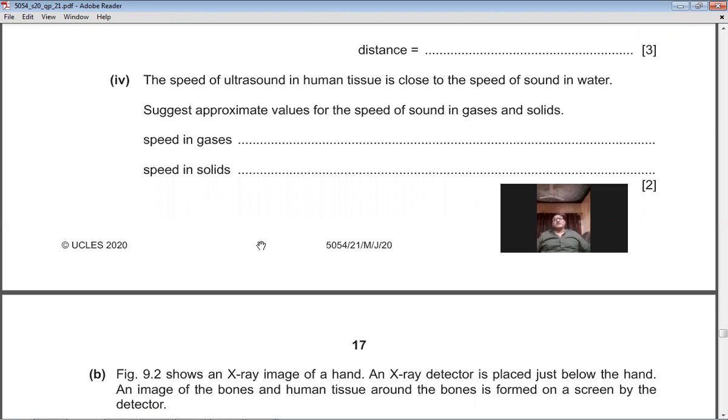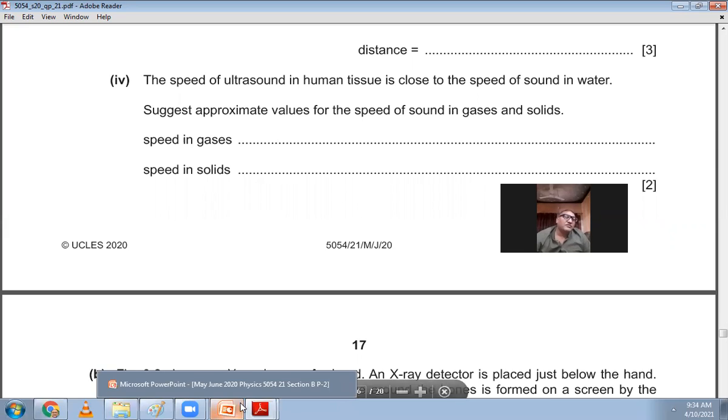Just a number, you just have to suggest a number. 330 meters per second is the speed of the sound in the air, and the speed of the sound in solids, for example, it might be like 5000 meters per second in iron. In iron, the speed is 5000 meters per second.